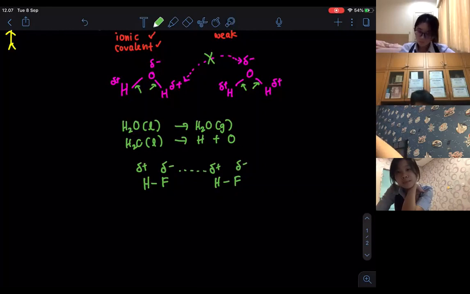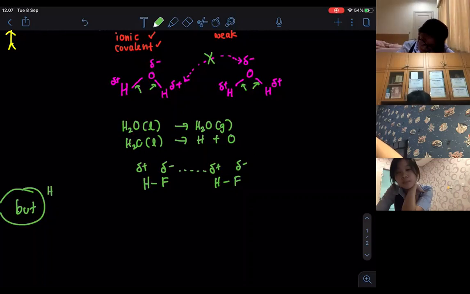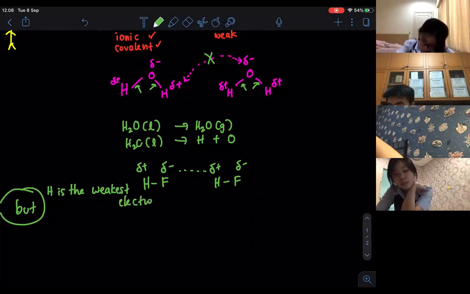But we know that hydrogen has the weakest electronegativity. Or in a different term, we can say hydrogen is the strongest electropositive. In terms of electronegativity, imagine hydrogen gets 0% in the mark.